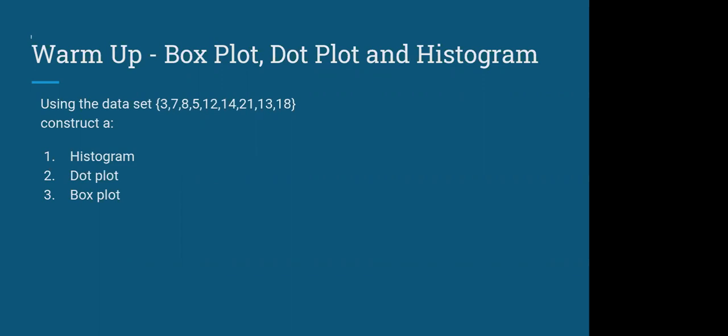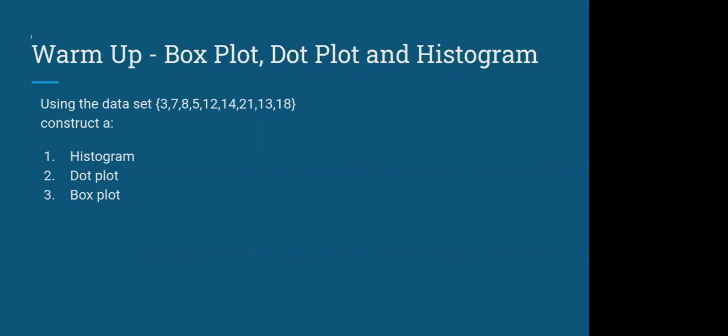So you are going to create a box plot, which is a box and whiskers, a dot plot, and a histogram for the same data, because as we move through the course, you will be comparing data that is presented to you using these 3 methods. Okay, and we're going to discuss when is it best to use which method.